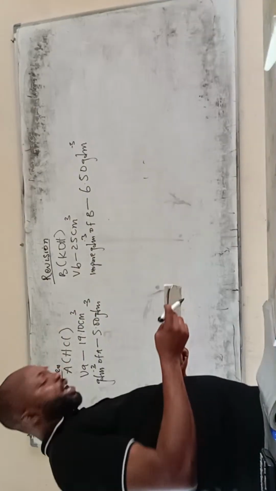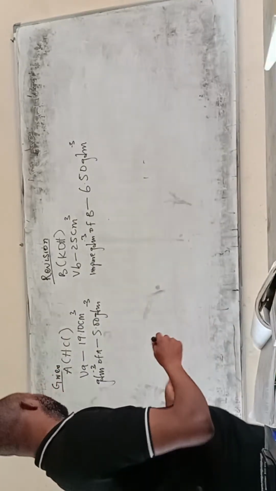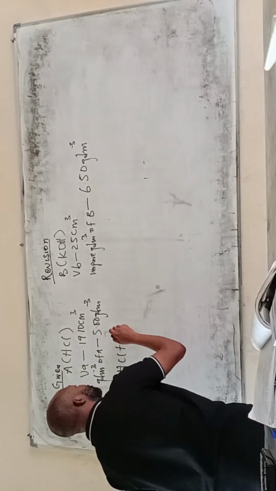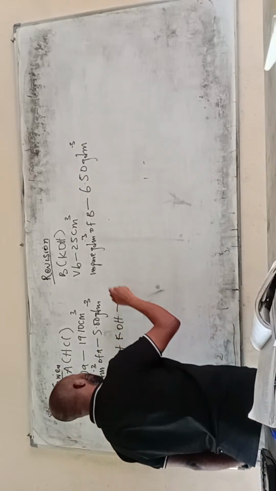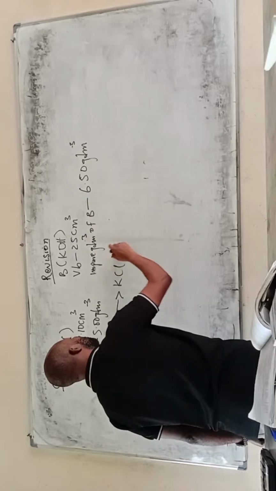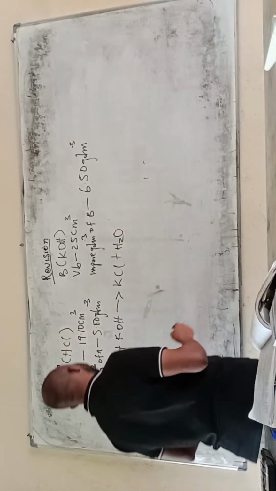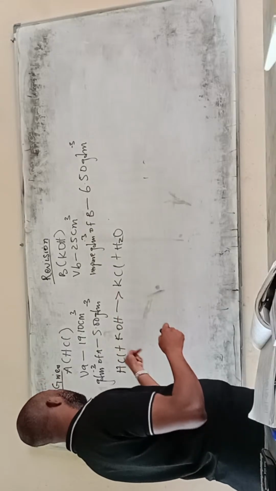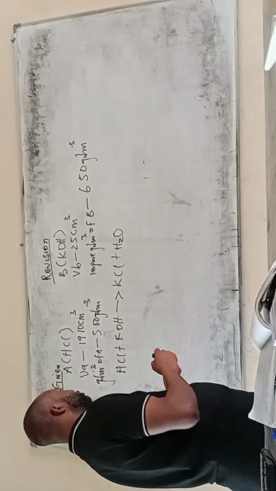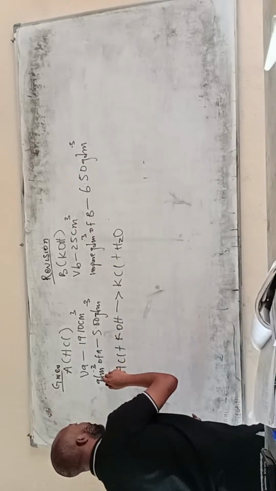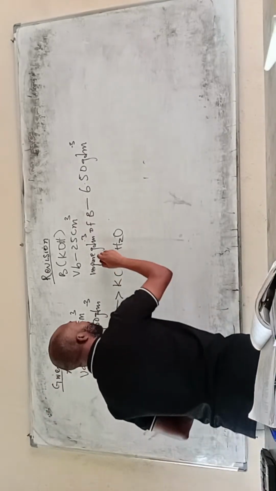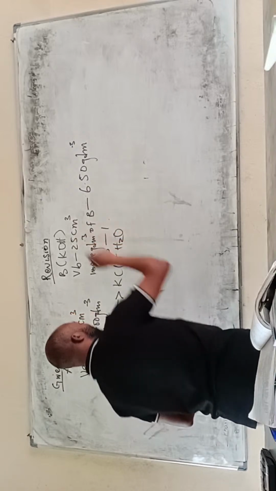With the equation of reaction, which is HCl plus potassium hydroxide, which gives us potassium chloride plus water. Hydrogen is 2 on each side, oxygen is 1, chlorine is 1, potassium is 1. So from here, our number of moles of acid is 1, and our number of moles of base is 1.